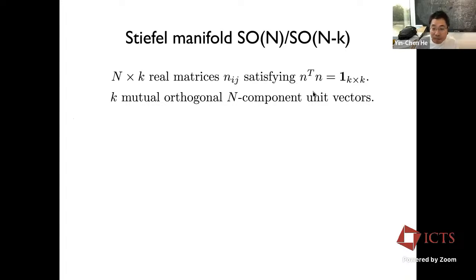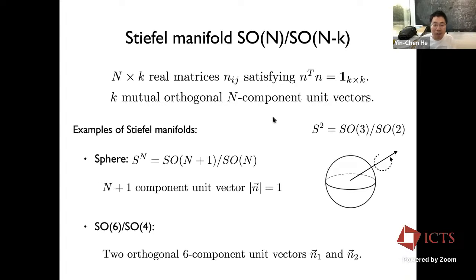That's it. And the sphere is indeed just a special case, where you consider SO(N+1) quotient SO(N). In other words, it's an (N+1)-component unit vector, right? The next non-trivial example is that you can consider SO(6) quotient SO(4), and that's really just parameterized by two mutually orthogonal 6-component unit vectors, and that's it. So it's a very simple manifold indeed.